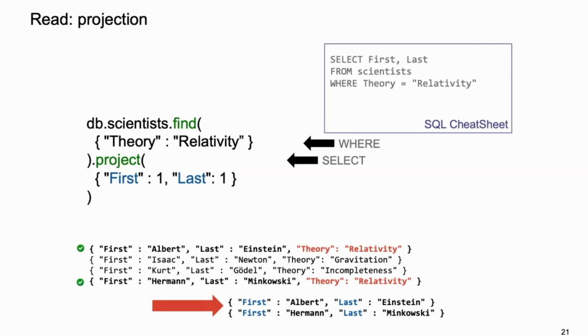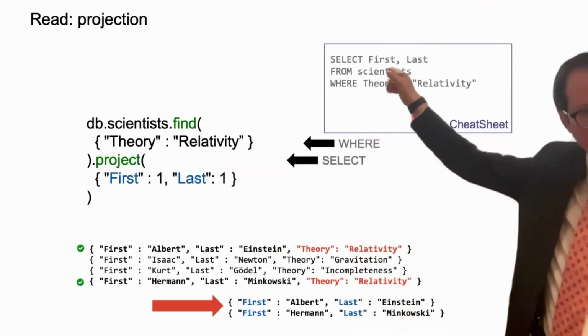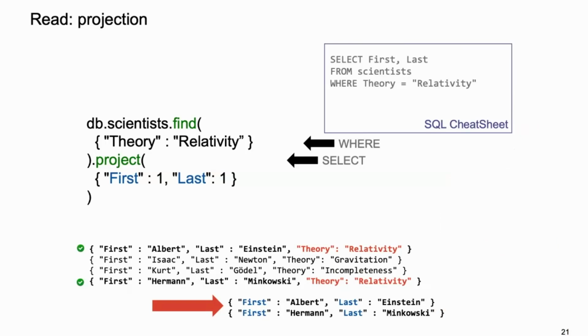That's what it would do with a 0. Everything except. You cannot mix the ones and the zeros. Either you have just ones everywhere, and then that's the semantics of the select clause in SQL, or you have zeros everywhere, and then that's projecting everything except the keys you specify. Okay, yes?